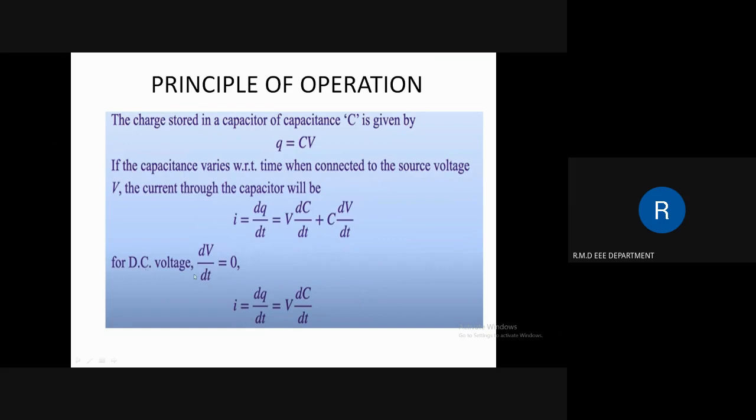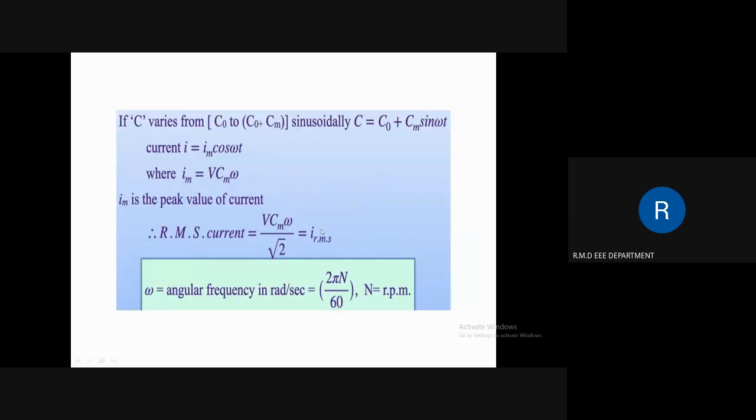Now, for DC voltages, the change in voltage with respect to time, dv by dt, is 0. So the current expression is I equal to dq by dt, which is equal to V into dc by dt. If C varies sinusoidally from C naught to C naught plus Cm, then we can write C as C naught plus Cm sin omega t.